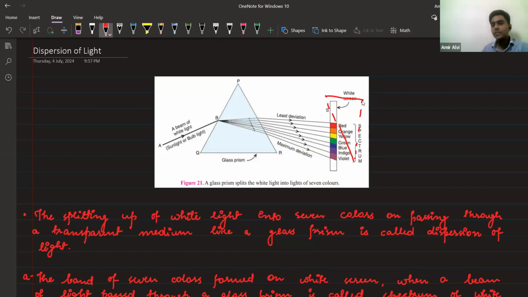Junaid, go ahead, dear. I don't think we'll be able to see it anymore, but I'm just guessing. You are saying it will become white light? No, we won't be able to see it. It's like dark, basically. Acha, dark. Okay.